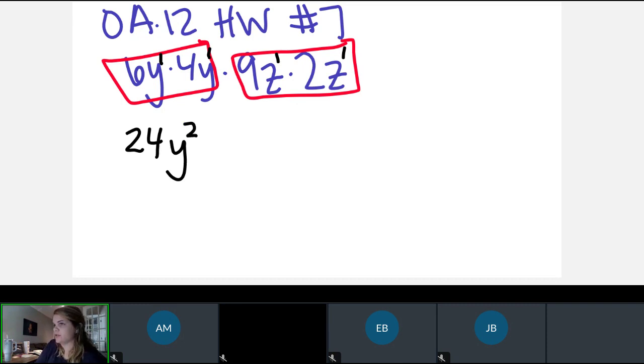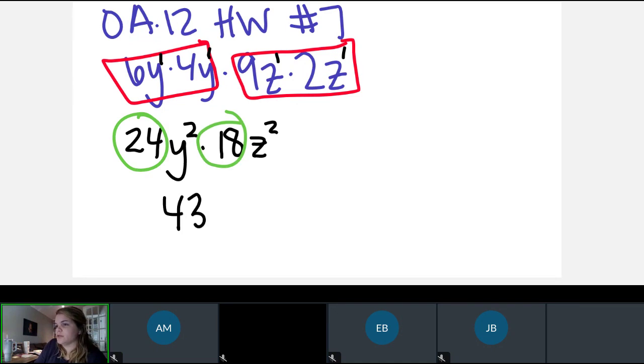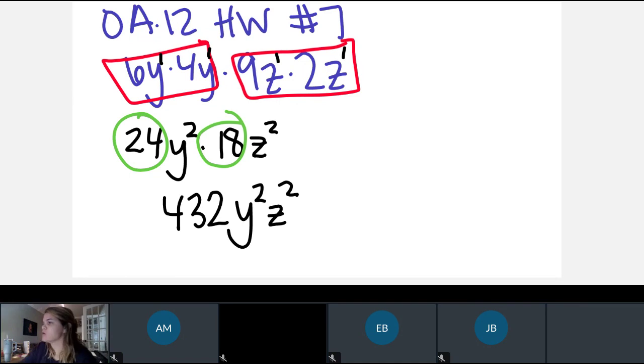Y times y is y squared. Times, the second set here is 9 times 2, which is 18. Z times z would be z squared. We're almost done, but we still have to do 24 times 18, which is 432, y squared, z squared. Okay?